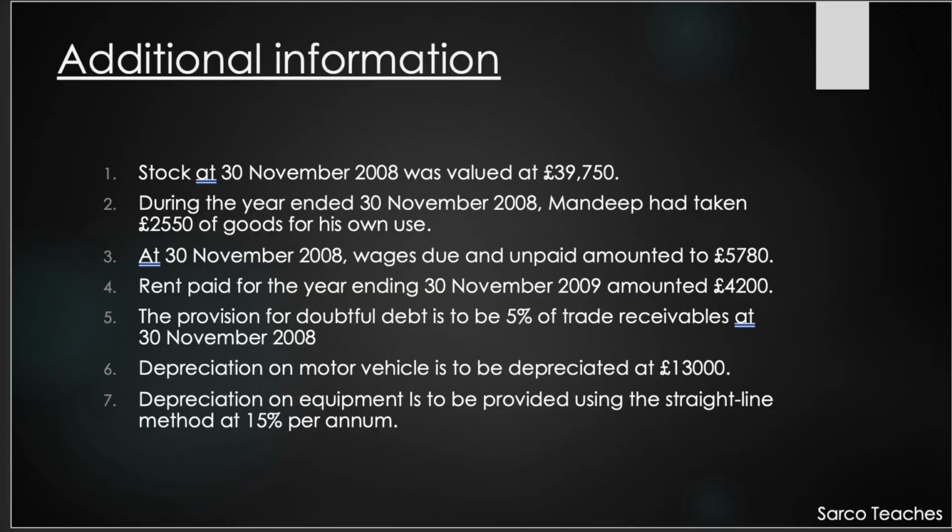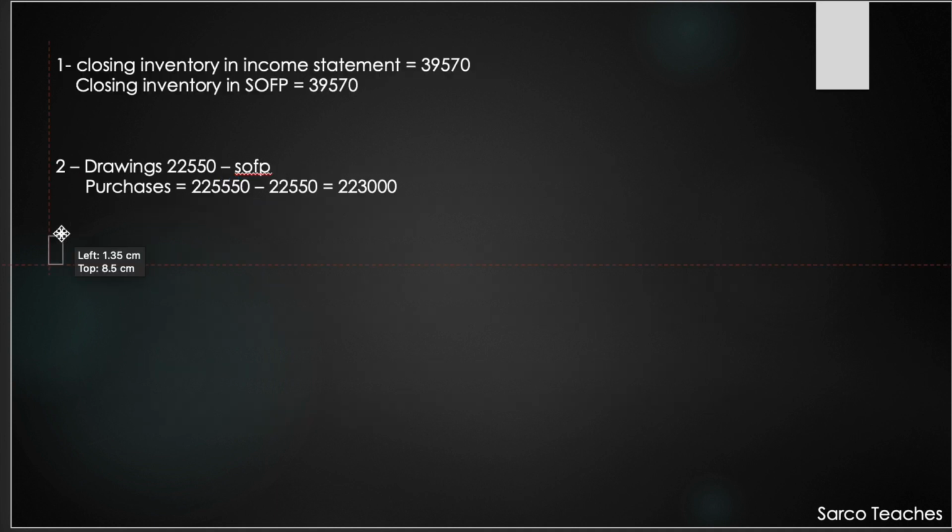Third adjustment. The third adjustment says, at 30th November 2008, wages due and unpaid amounted to 5,780. This is an accrual expense. It's basically telling us that we haven't paid that amount. Okay, so we will go back to our worksheet and write it down.